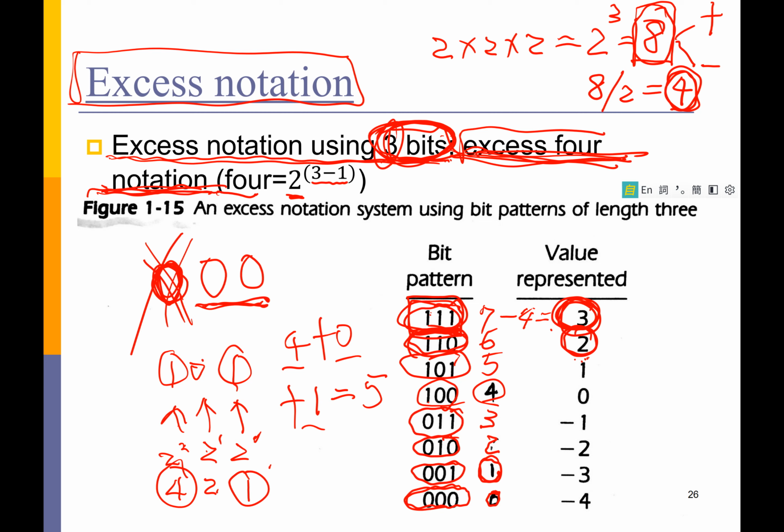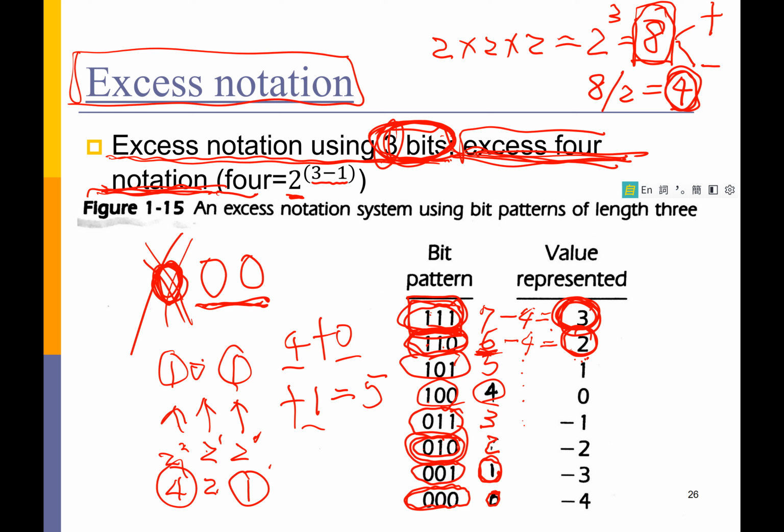How you get 2 is: 110 you change into the decimal system is 6, then you minus 4, and you will get 2. Okay? And so on.